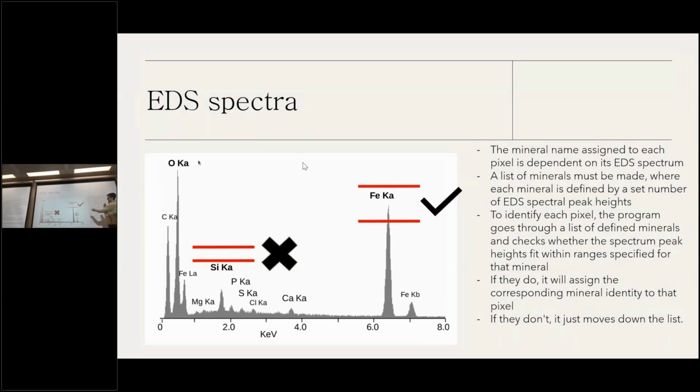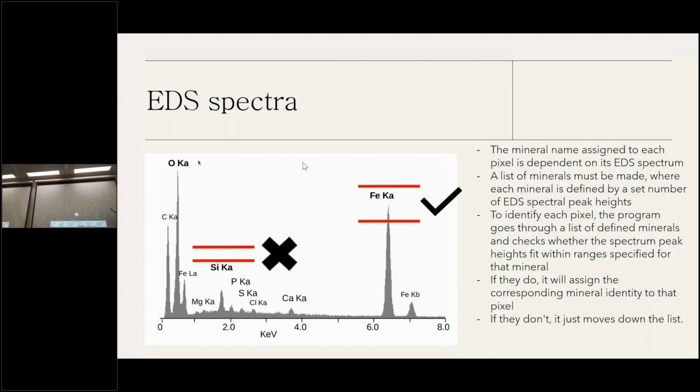So in this case, it looks at the iron peak height and it's within the specified range, but it looks at the silica and it's lower. So it moves down to the next position on the list, looks at the prerequisites specified for that one. If it doesn't fit, it goes down the list until it finds a mineral which fulfills the prerequisites. And so, as you can see, the order in which the minerals are featured on the list is also important.